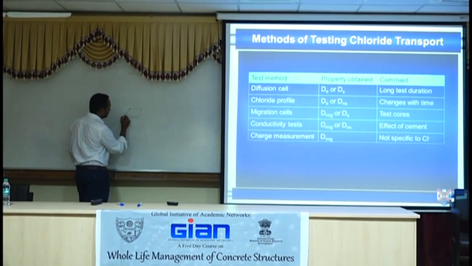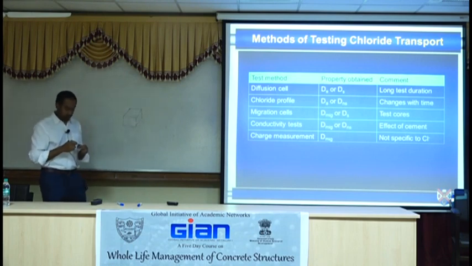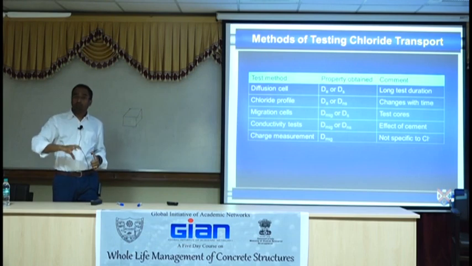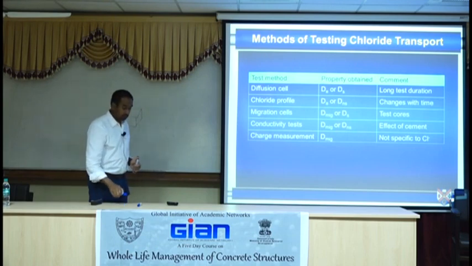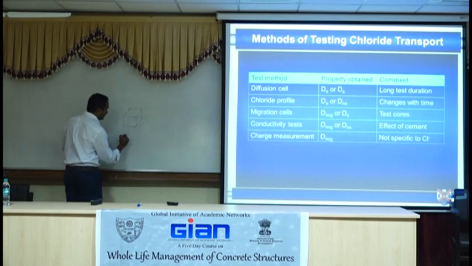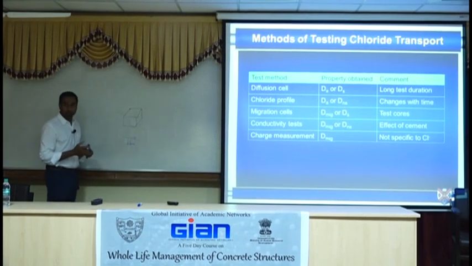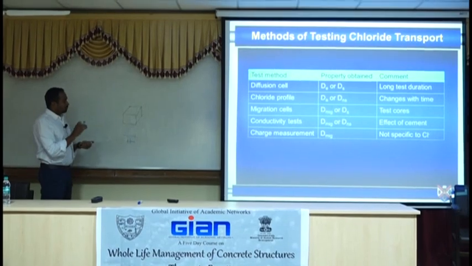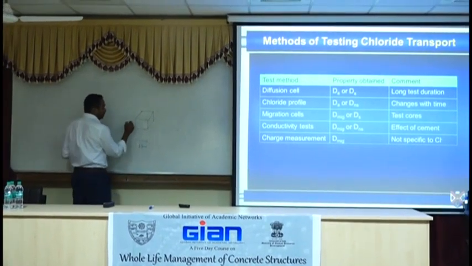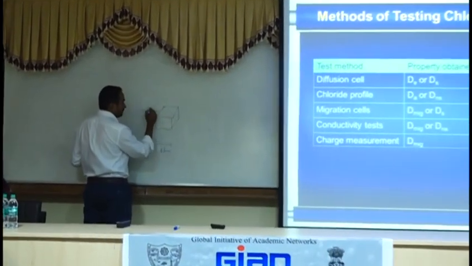So if you assume a small cube of concrete, okay, it's at the micro level, very, very small level. Let's say this is 1 micrometer. So for a cube like that, in one phase you have the chlorides coming in.